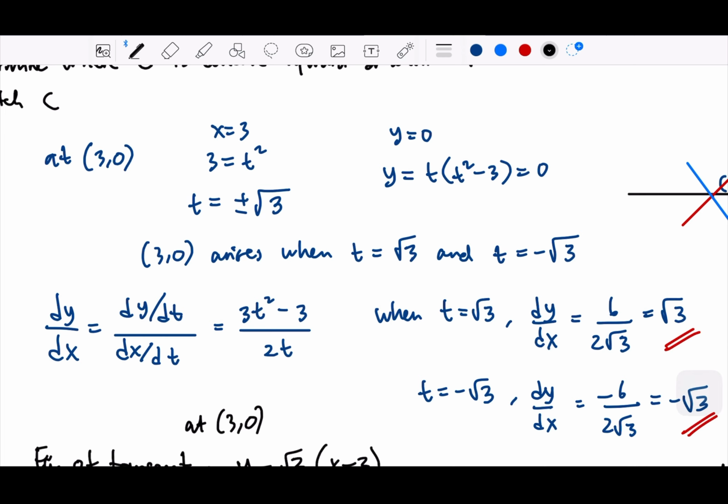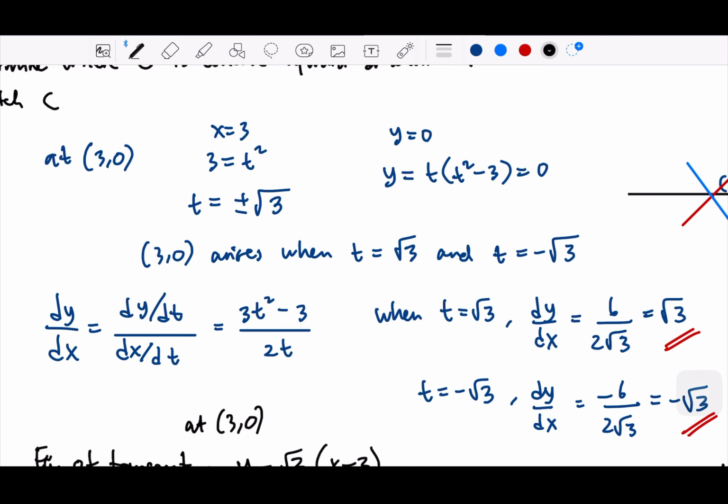Then we take the values and put them into this equation, and we get that the value for the tangent is square root of 3, and the other is negative square root of 3. So we have two tangent lines.